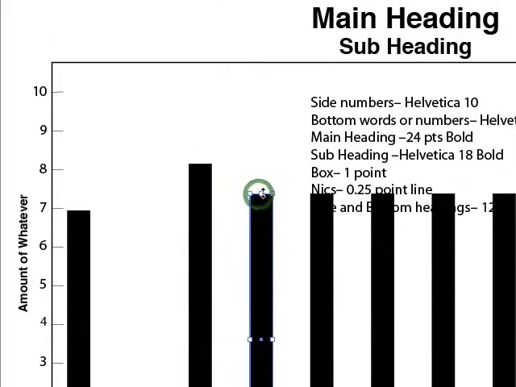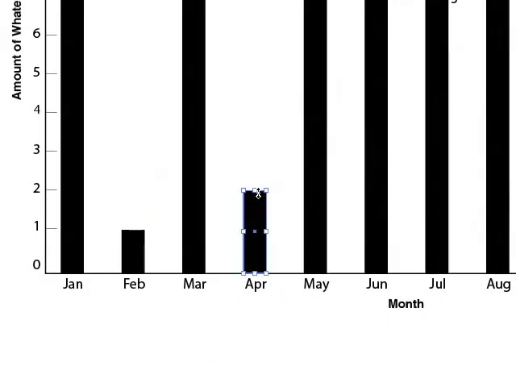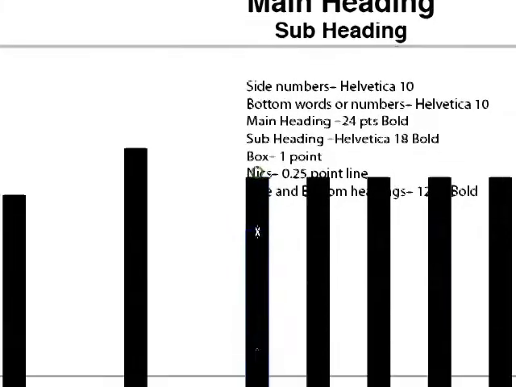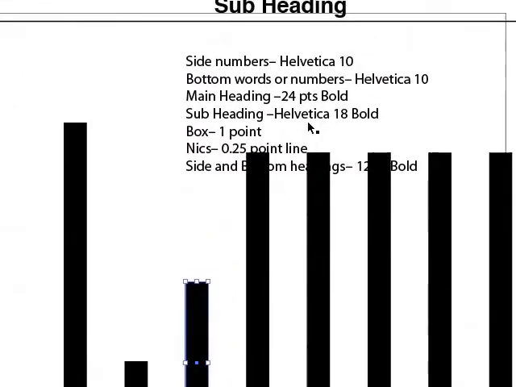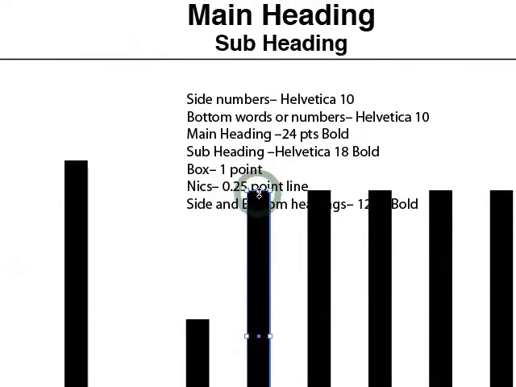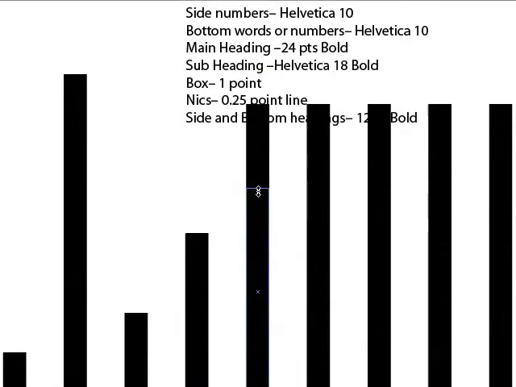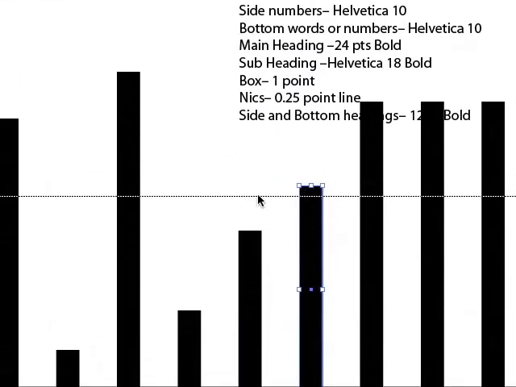And this one is a 2, so it'd be down here. And this one is a 4, so it's going to come down. And this one is a 5. And I would pull guides to help you get this accurate.